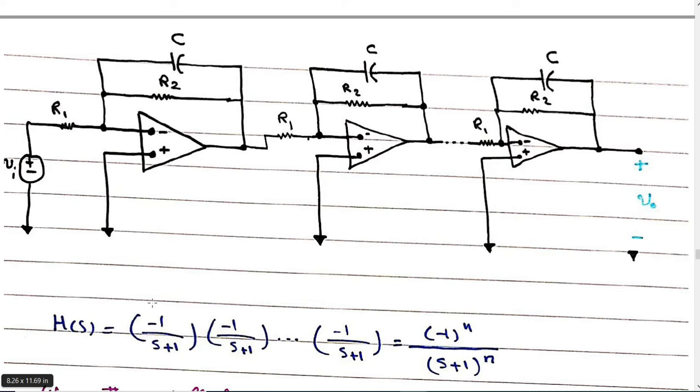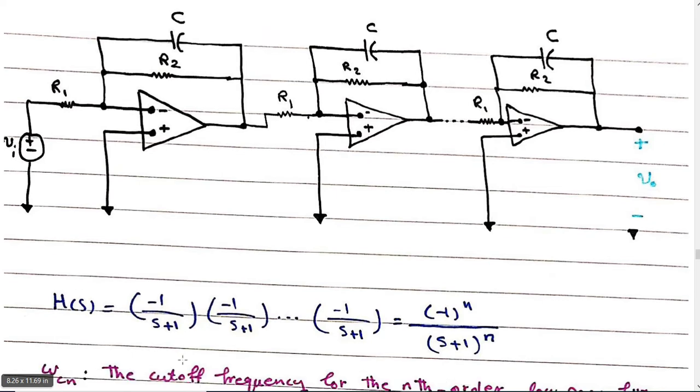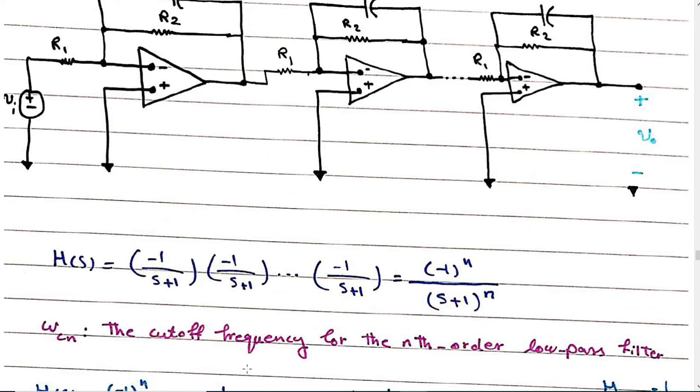The second one will be minus 1 over s plus 1, and so on and so forth. So the final value will be (minus 1 over s plus 1) to the n. Again, we are using a unity gain low pass filter, and the cutoff frequency happens at 1 radian per second.